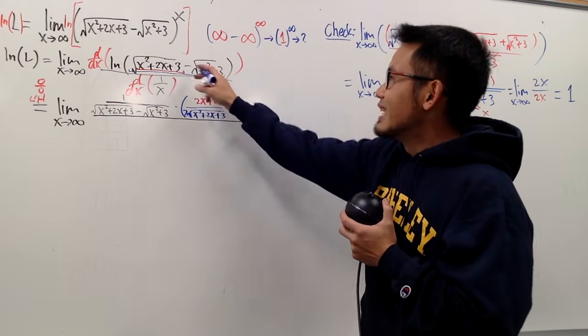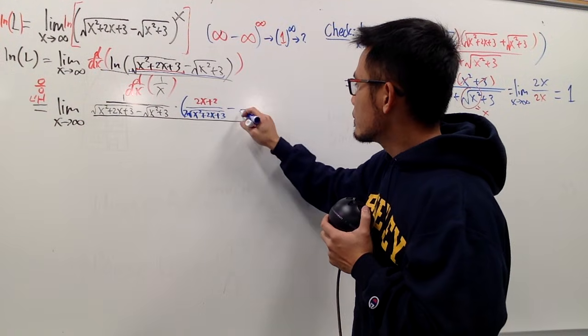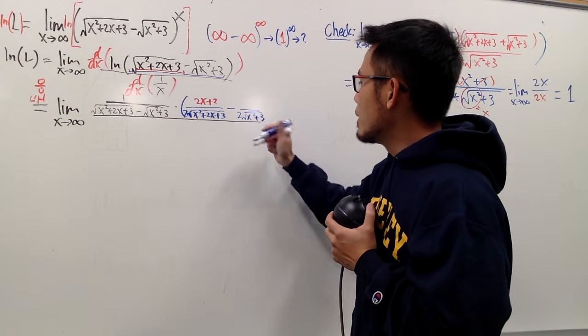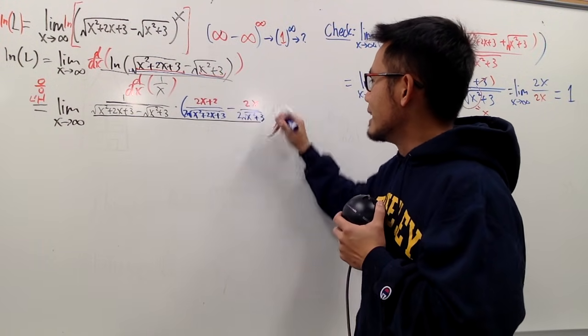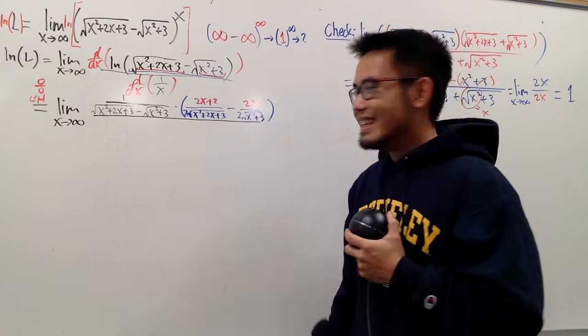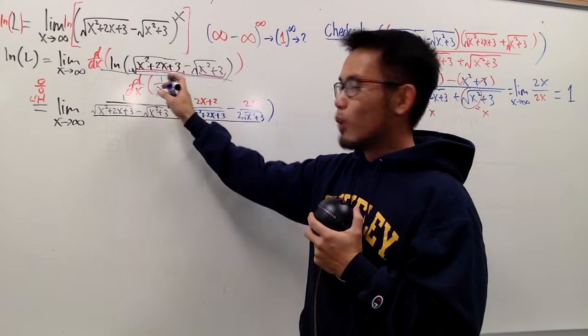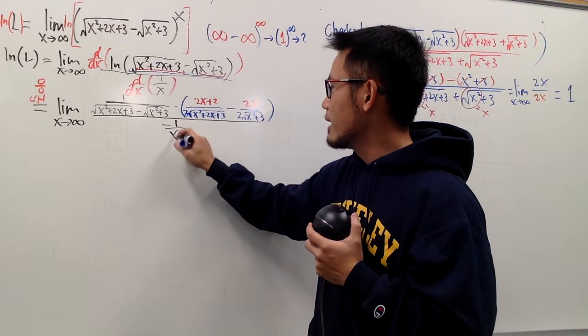And now we subtract the derivative of that, which is 1 over 2 square root of x squared plus 3, and then do the chain rule one more time right here. Multiply by 2x like that. And we close it, okay? And that's the derivative on the top. The derivative of 1 over x, which is on the bottom right here, is simply negative 1 over x squared, all right?